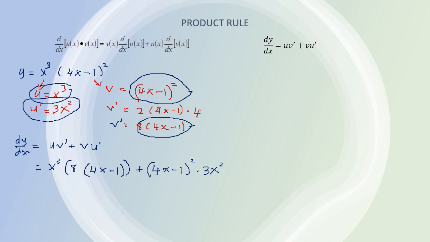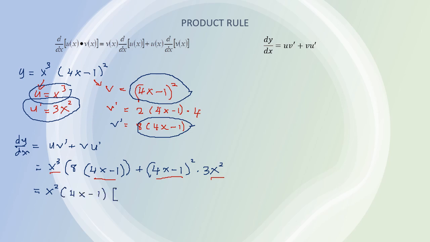Then simplify our answer. We can factorize x cubed and x squared. So we take x squared. Then factorize 4x minus 1 and 4x minus 1 squared, we take 4x minus 1. x squared multiplied by 4x minus 1.